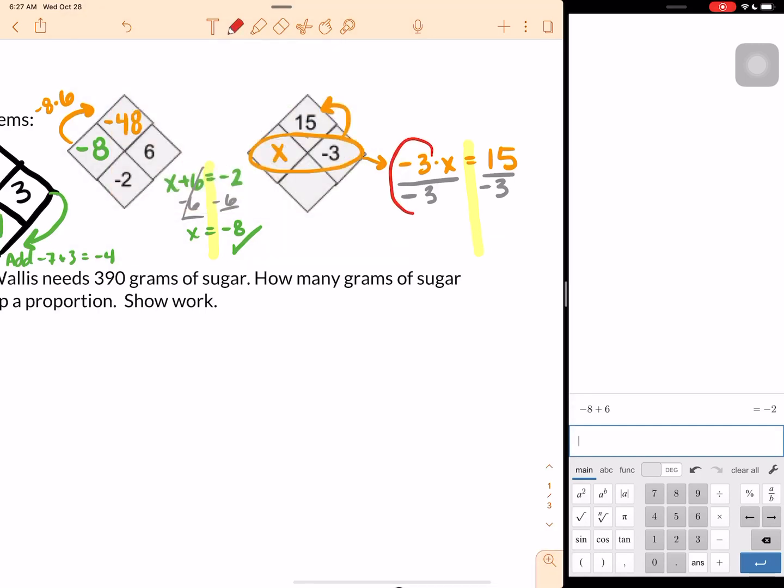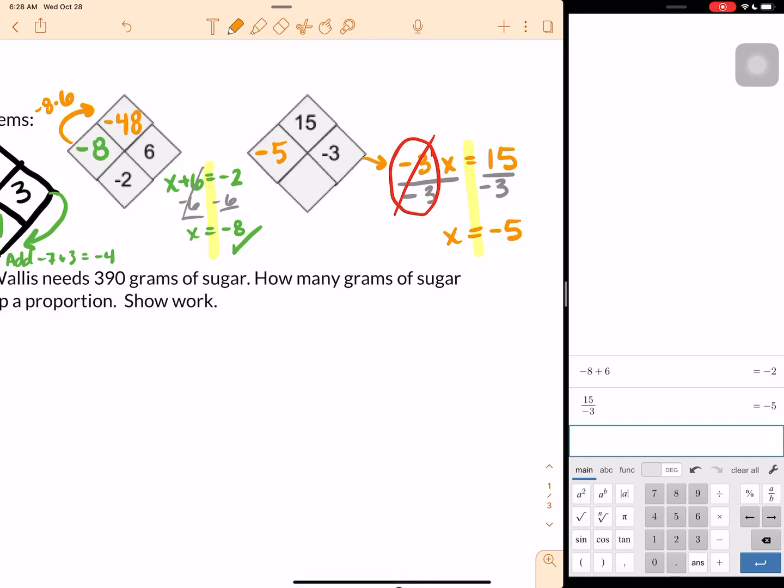These two cancel out. -3 divided by -3 is just a 1. So we end up with x equals 15 divided by -3, which is -5. Okay, so now here I can write that this is -5.